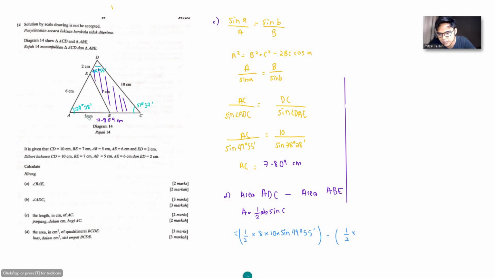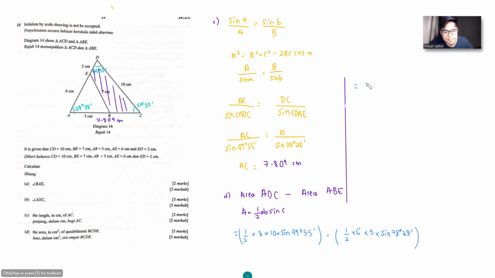We are only left with 6 cm and 5 cm as our B and C. Half times 6 times 5 times sine 78 degrees and 28 minutes.